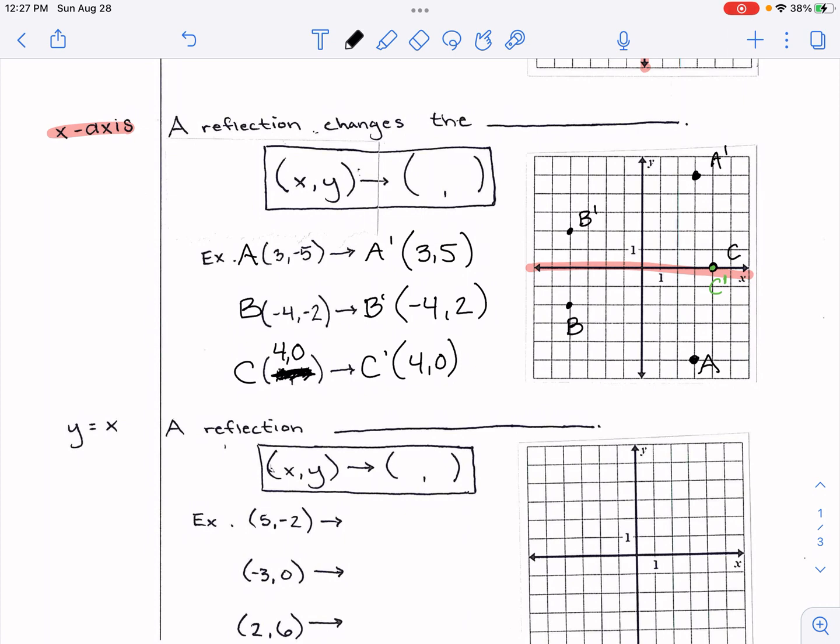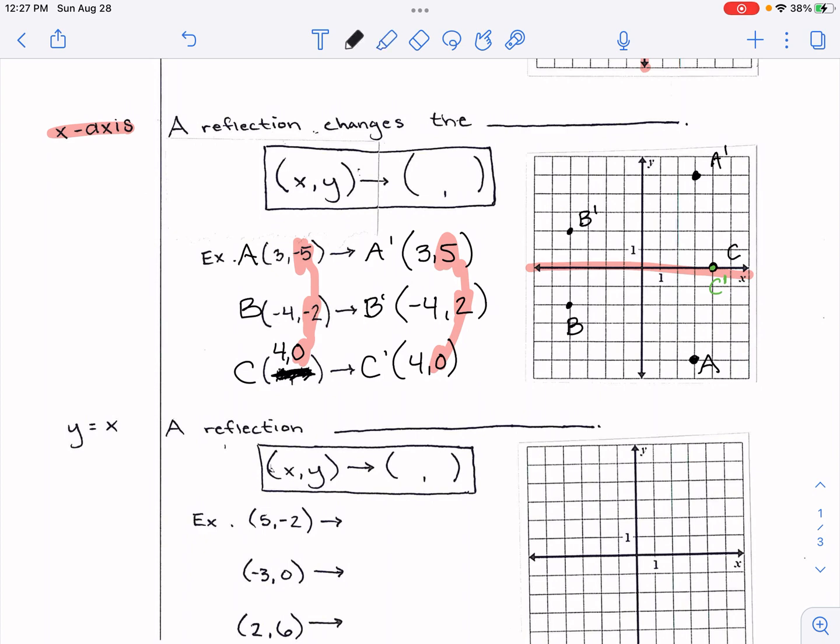So what can we say about reflections about the x-axis? Let's look at the x values here. Did the x values change? No, they're the same. Did the y values change? All right, can't really tell from the 0 here, but it did, right? We had -5, now it's +5. We had -2, now it's +2. And 0 is neither positive nor negative.